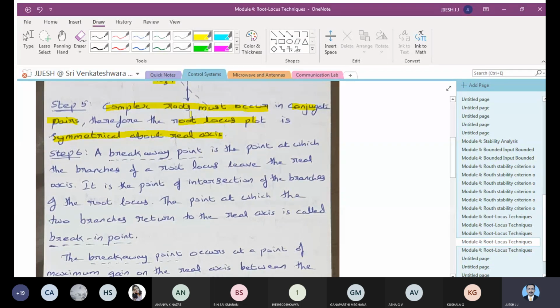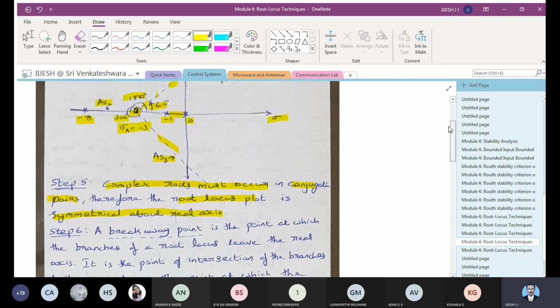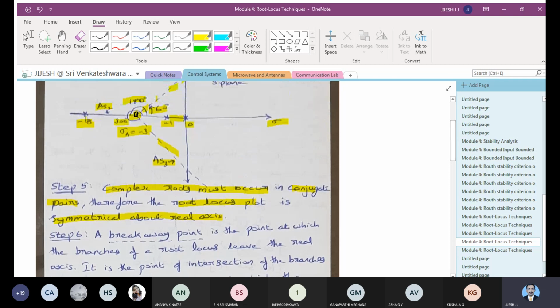Whenever you draw that, this is the real axis sigma. You can see that like a butterfly, in the same way you will have a symmetry.